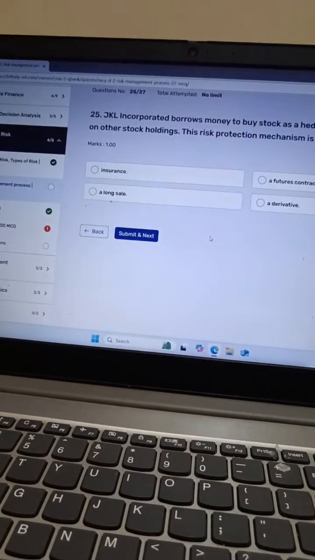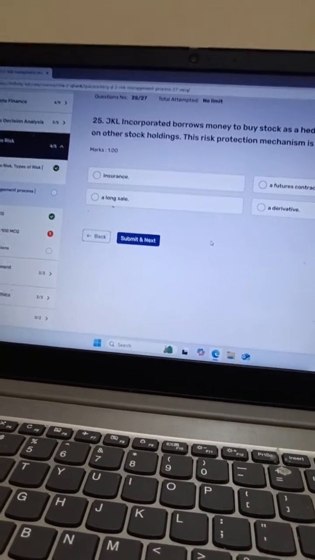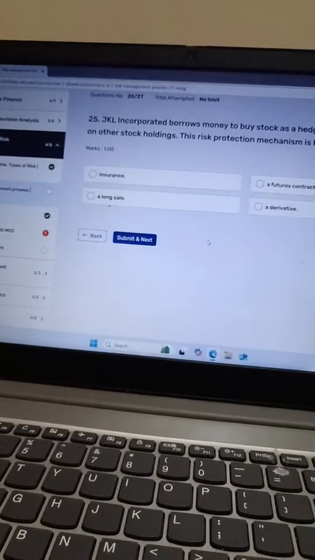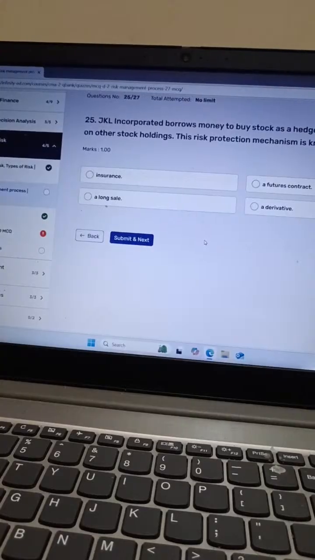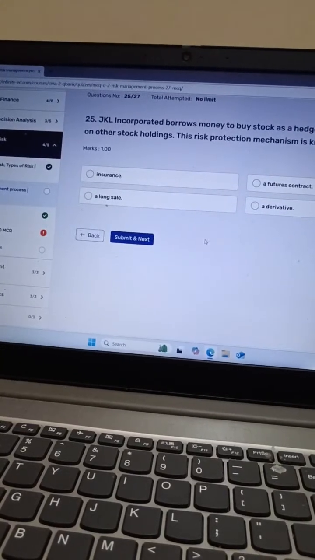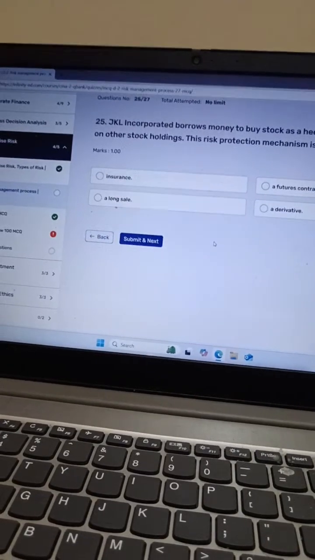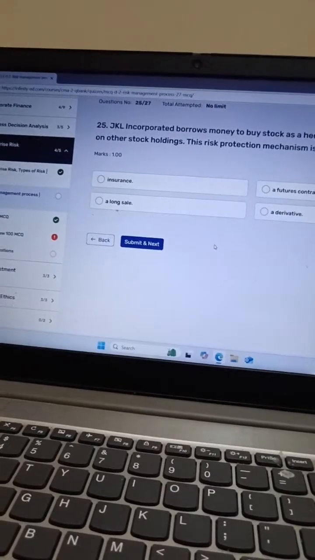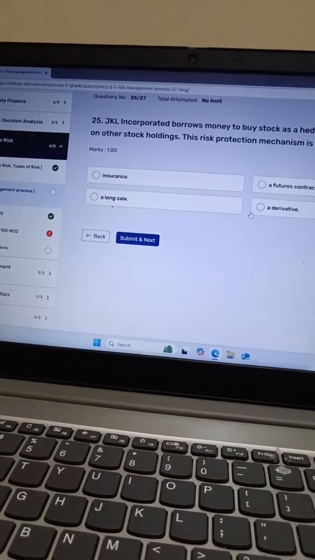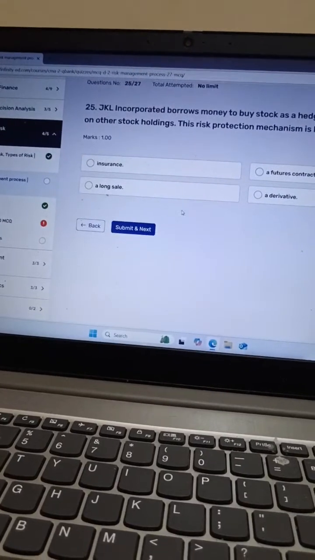Now we are on question number 25. JK Corporation borrowed money to buy stock as a hedge against the potential losses on the stock. Hedging is a protection mechanism, also known as stock hedging: insurance, future contract, derivatives, or long sale.